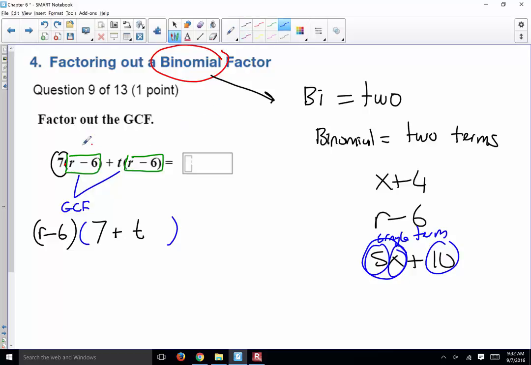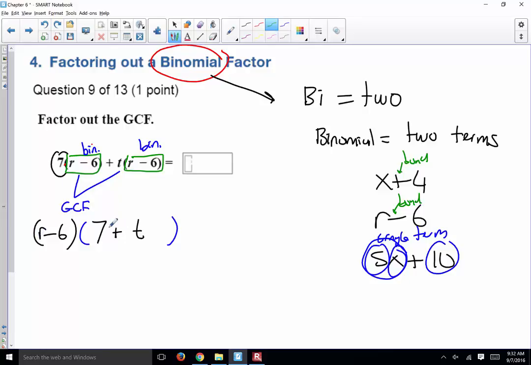So when you see a binomial here, you cannot remove the parts from this group separately. R and 6 need to go together. Minus kind of makes a bond between them. They are bonded together and not separable. Don't think you can take R out and leave 6 in.